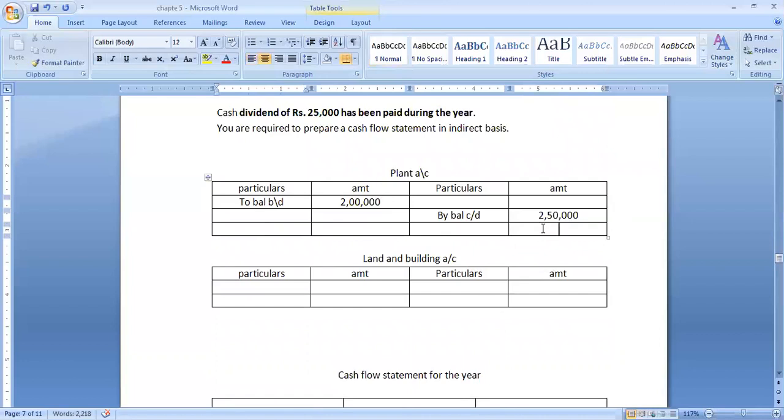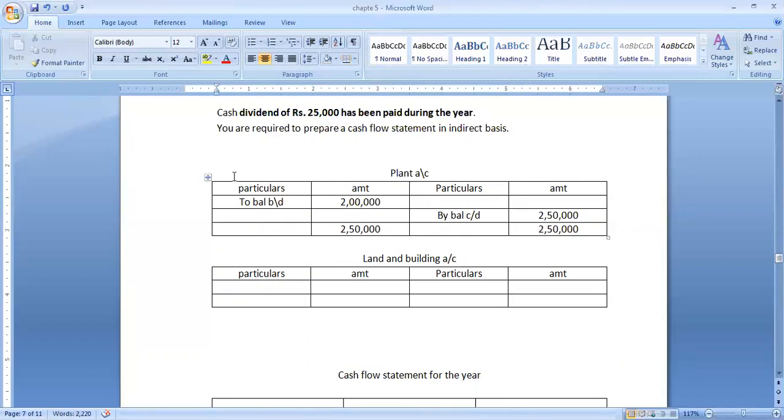So make a total of this. It is again 2,50,000 total. Here also it is 2,50,000. Okay. So 50,000 will be the balancing figure. Where did you get the balancing figure?